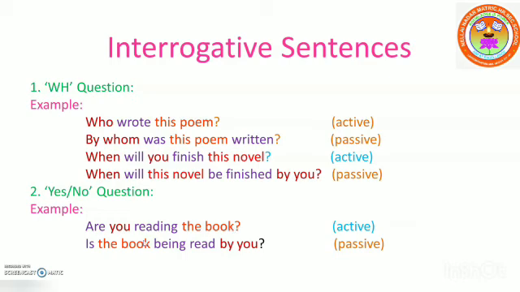So we should use the same present continuous tense in passive voice. So this can be changed into passive voice like this: Is the book being read by you? According to the number of the subject, we use the be form verbs appropriately. And the tense used here is present continuous tense, so the same tense is used in passive voice.